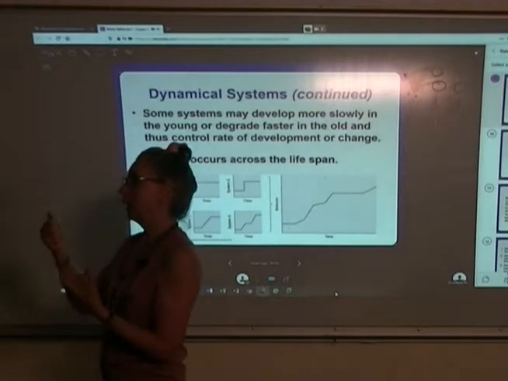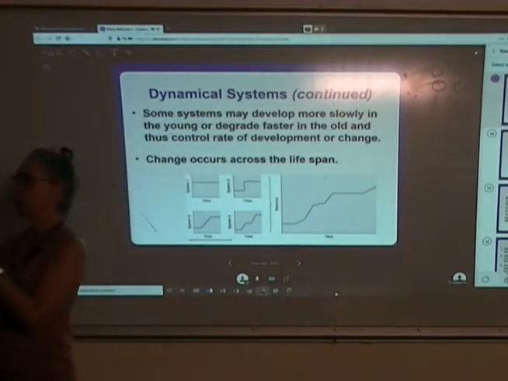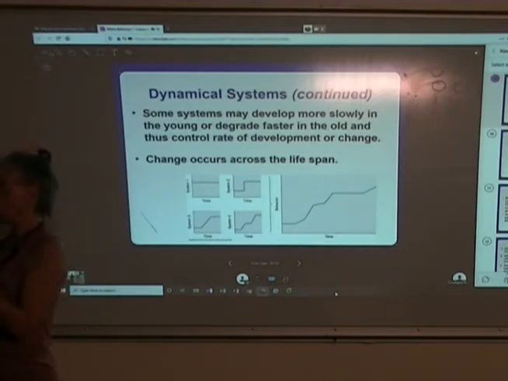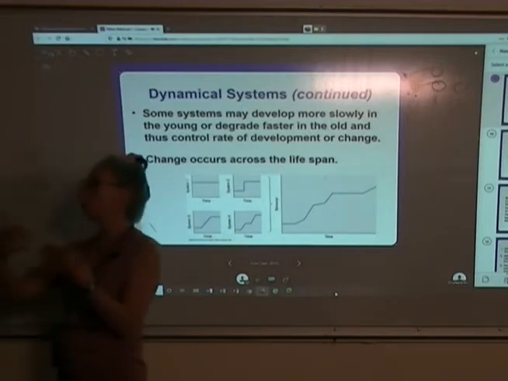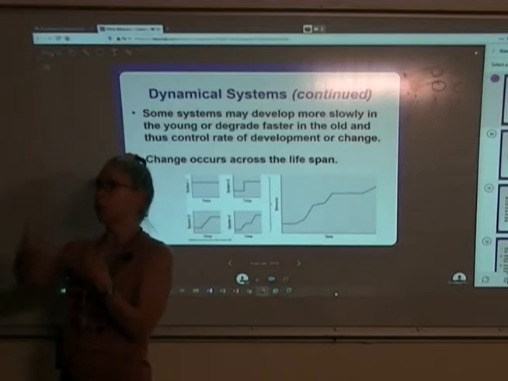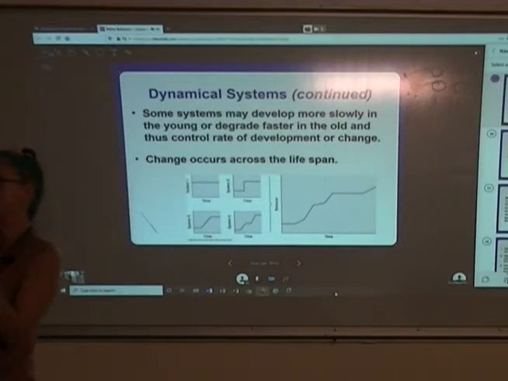In that case, the rate limiter for him achieving a more appropriate running pattern would be strength in his legs, all right? So it would be the muscular system, and strength would be the rate limiter in that particular instance. So it depends what the task is, what the skill is that you're asking the individual to do, and it depends where they are in their developmental track, all right?